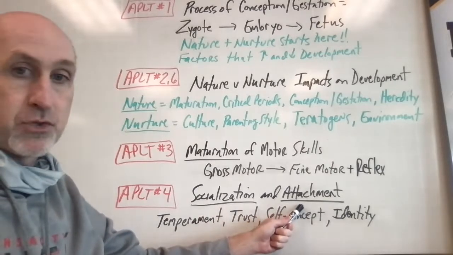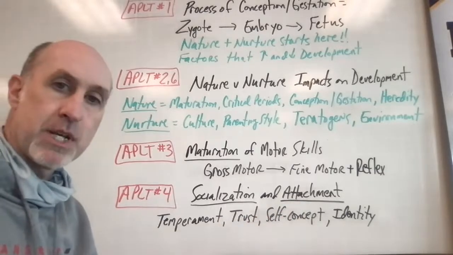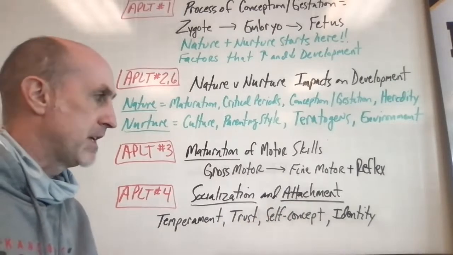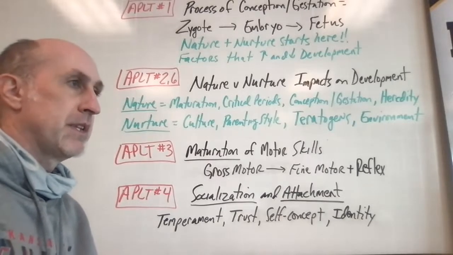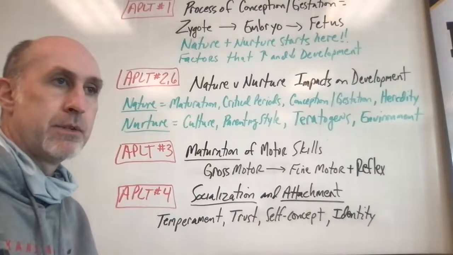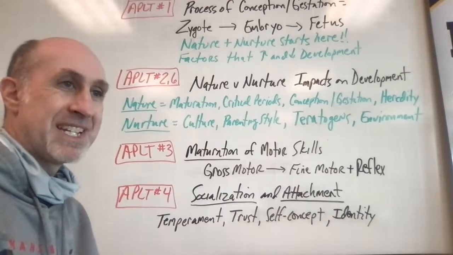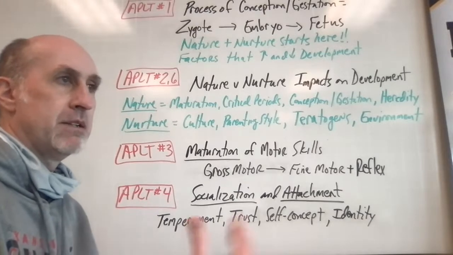But the first step of socialization is attachment. I have to learn to attach, which is impacted by trust. So, I think we will attach to something. We've all seen the stories in the wild where animals will attach to each other, even if it's wrong.